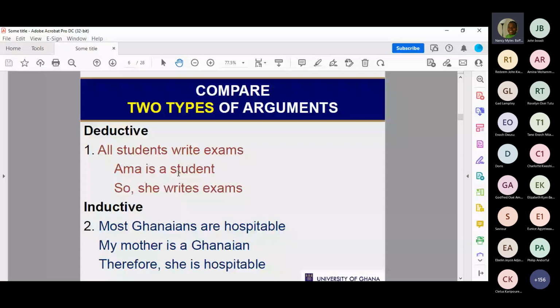Therefore, it will follow that she writes exams. What did we do after our universal statement? We affirmed the antecedent. We said Amma is a student. Then we concluded, therefore, she writes exams. This is modus ponens, another name for that type of valid deduction.